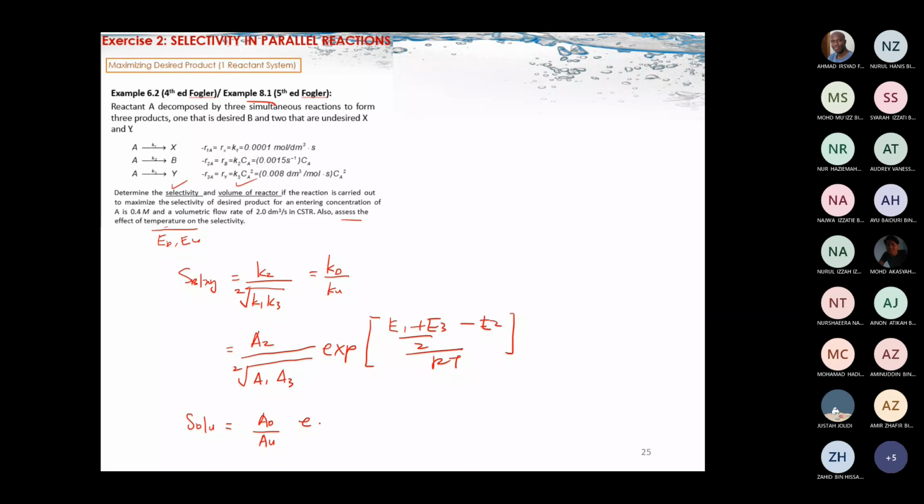Alright, exponential, okay, ED minus the EU, okay, over the RT, okay, is equals to KD over KU. Okay, so automatically ini adalah D dan ini adalah U.